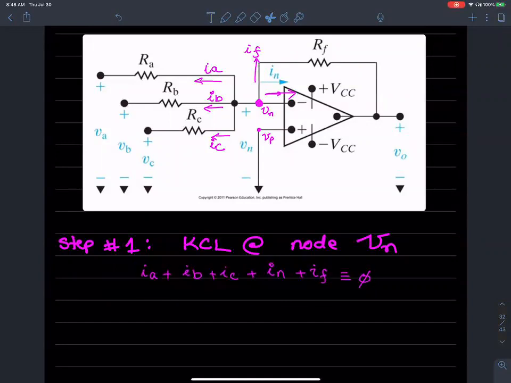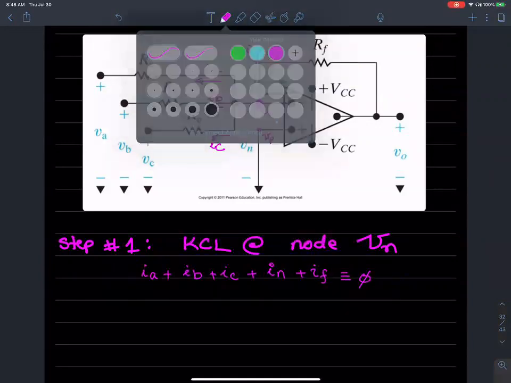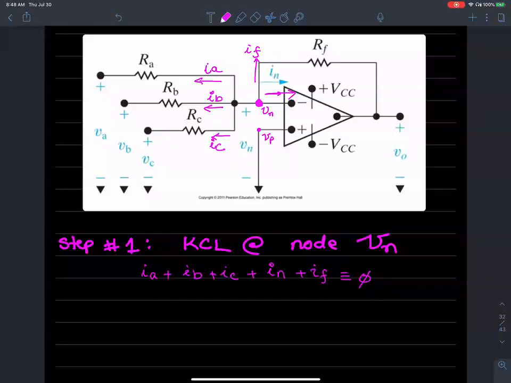Let me set up those currents. The current going left, IA, is Vn minus, so that's the voltage on this node, VA, or Vn minus the voltage on this node. So this guy is Vn, this guy is VA. Remember, I'm applying VA over here, over RA.